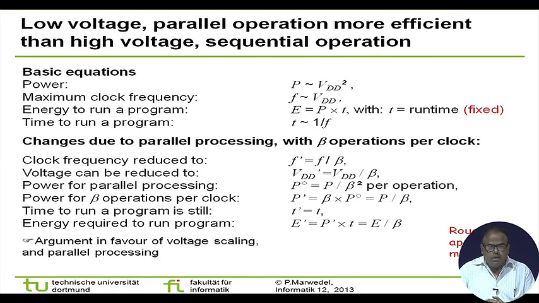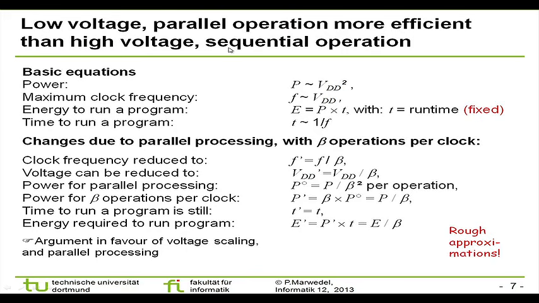Our problem was that we had some deadline to meet, and for that we had to run it at a particular frequency, and in order to run it at that frequency, we had to give a particular voltage. As we gave a higher voltage, we could reduce the time, but with higher voltage we consumed quadratically more power.